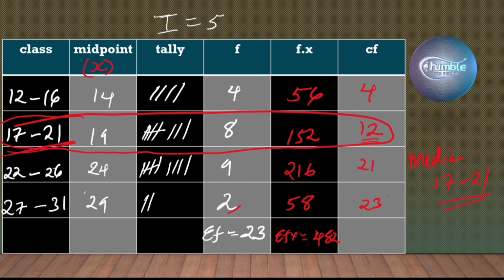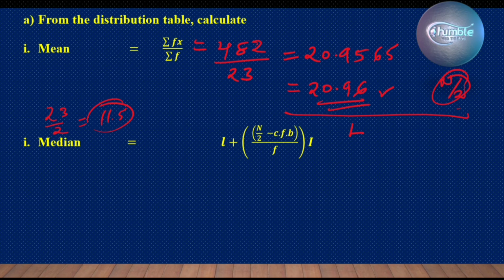And then the lower class boundary: you get the lower class limit of this class. The lower class limit is 17, and then subtract 0.5 because they are whole numbers, so that this is 16.5. This is what we are going to use as L. Now, what about n over 2? We know n is the total frequency divided by 2. What about CFB?